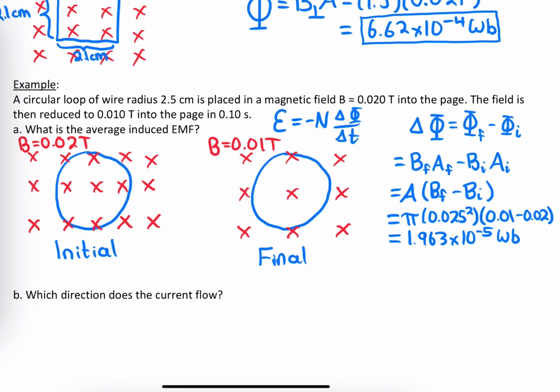But my goal here is not to find the change in flux. My goal here is to find the induced EMF, which I can do up here. So now that I know my change in flux, I can go back to that original equation. And I can say the induced EMF is negative N times the change in flux over the change in time.